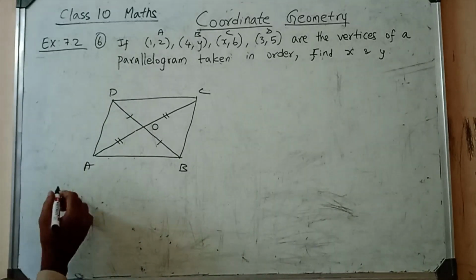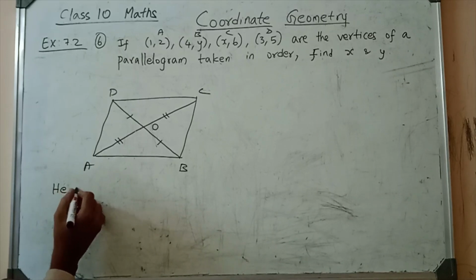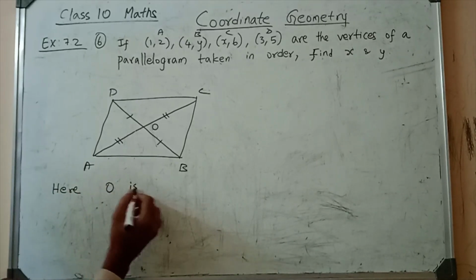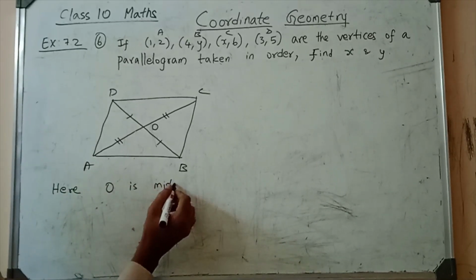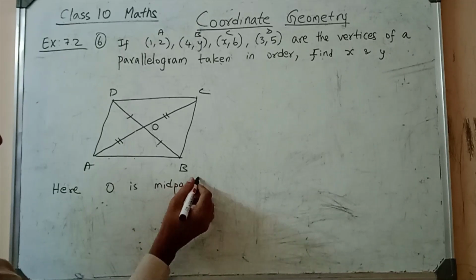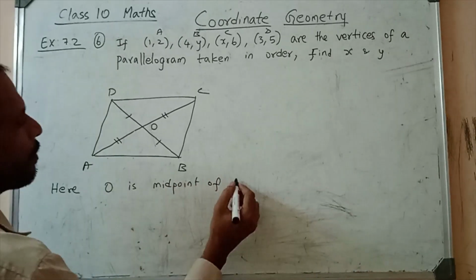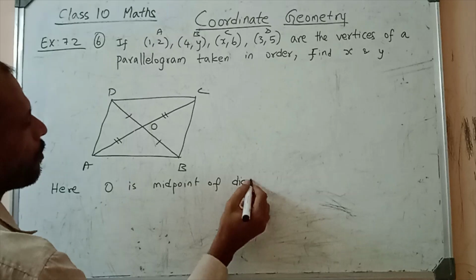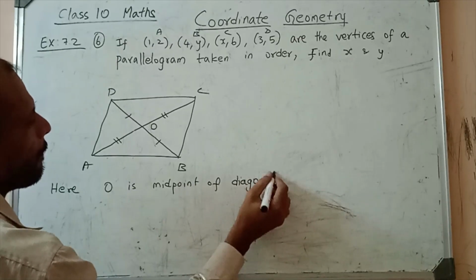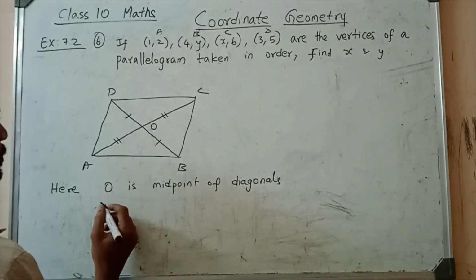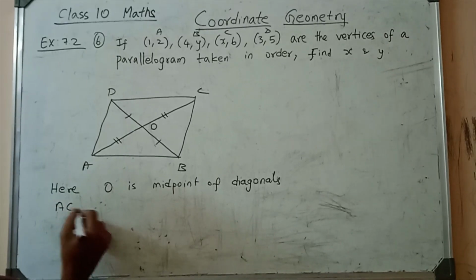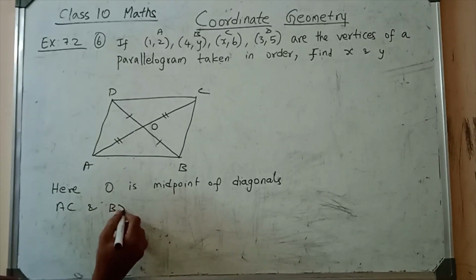Okay, so here O is midpoint of diagonals AC and BD.